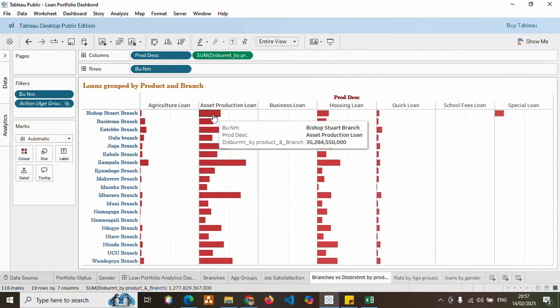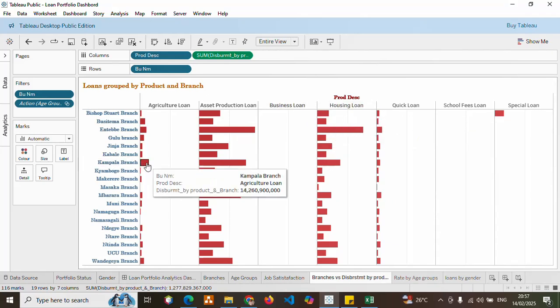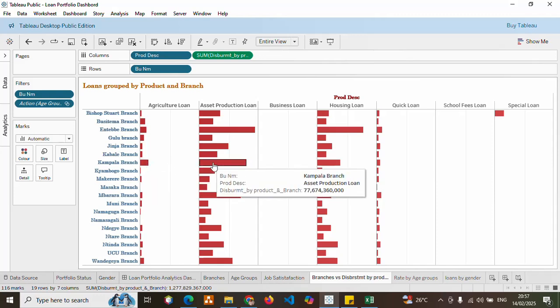In asset, how much? Business loan, how much? When you come to Kampala branch, you can as well see how much in disbursement for a given product for all the 19 branches that make up Cash Bank.